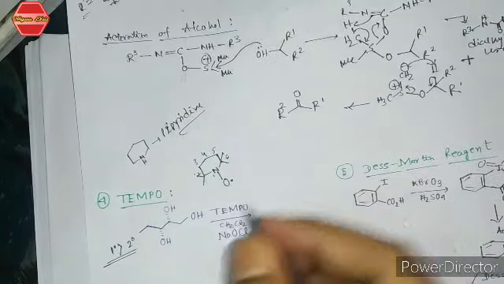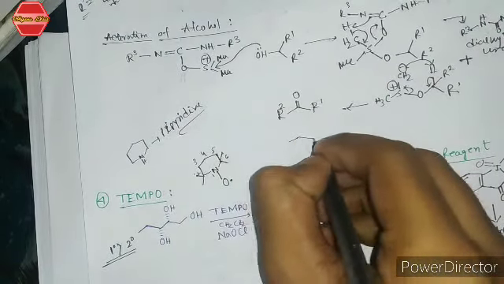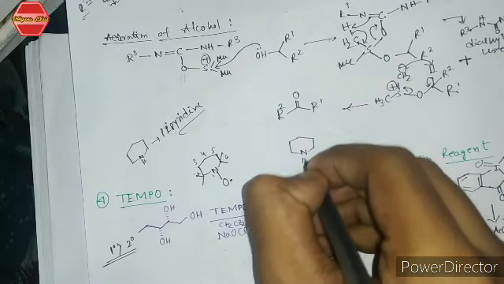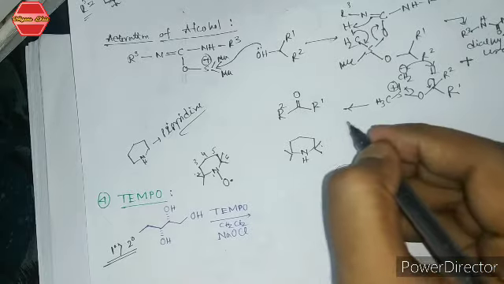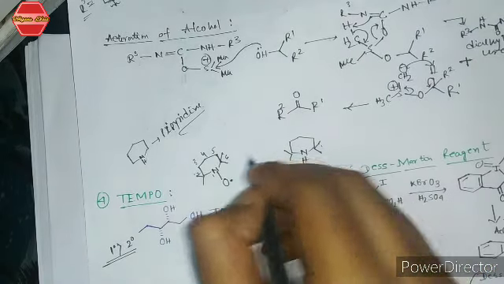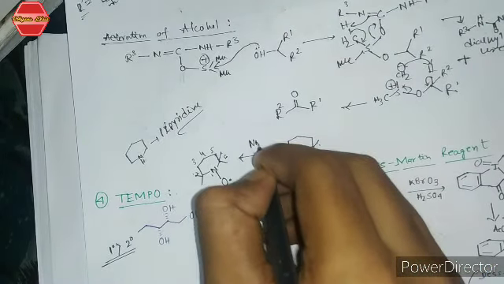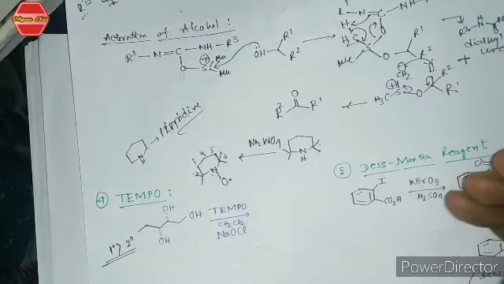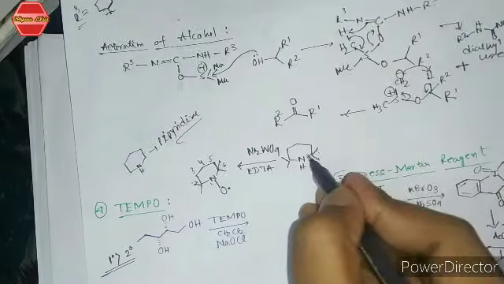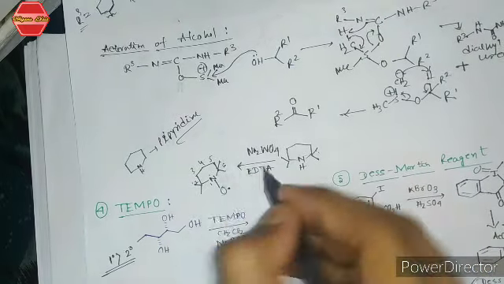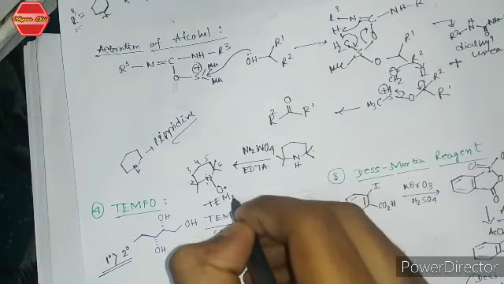For this you have to put 2,2,6,6-tetramethylpiperidine, and you have to put this one, that is W, that means tungsten, in presence of EDTA. Okay, it can form this one to this one. So this is your TEMPO.